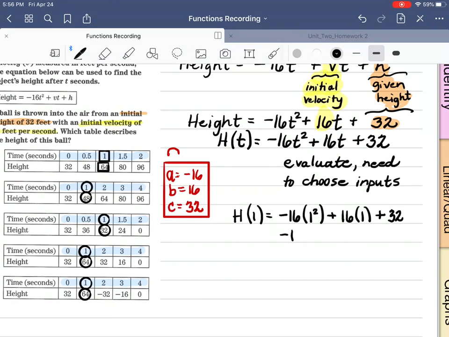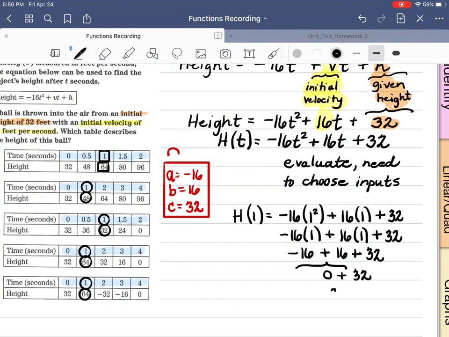So this would be negative 16 times 1 plus 16 times 1 plus 32. So negative 16 plus 16 plus 32. So this would be 0 plus 32. So the height at 1 second is 32 feet.